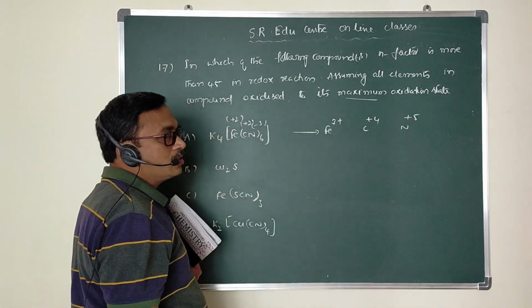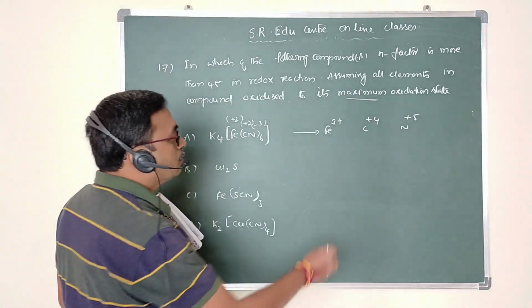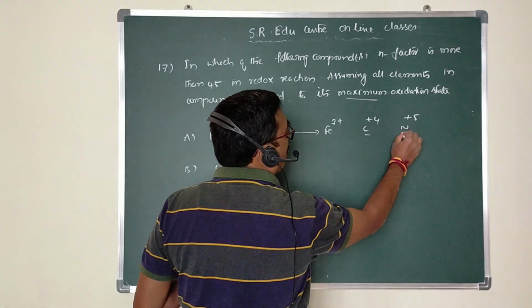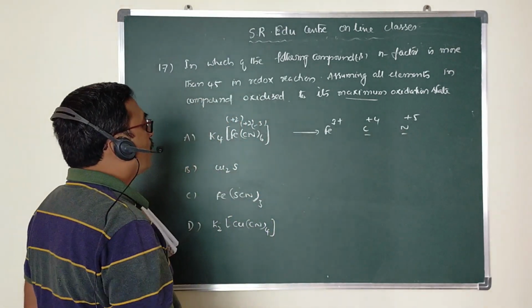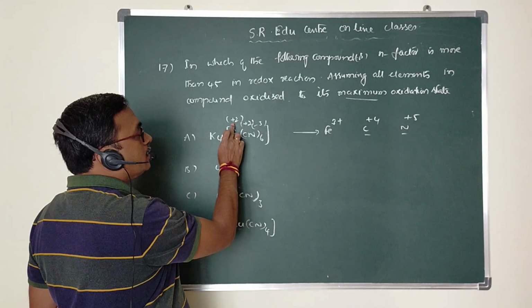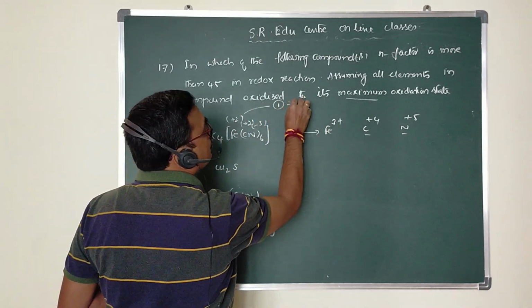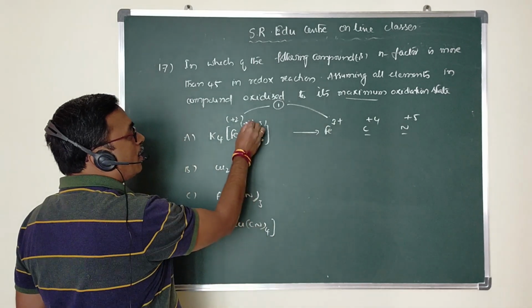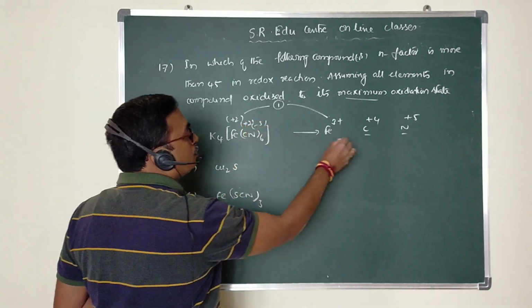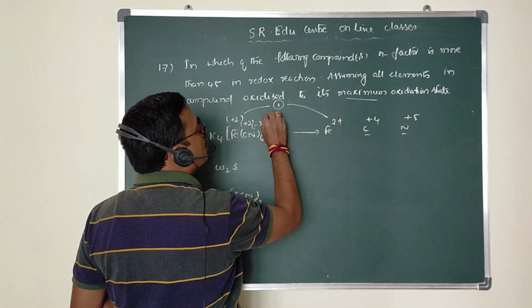The maximum oxidation state is its group number. So carbon belongs to the 4th group, nitrogen belongs to the 5th group. So the iron oxidation state changes from +2 to +3. So the change is 1. The carbon oxidation state changes from +2 to +4. The change is 2.